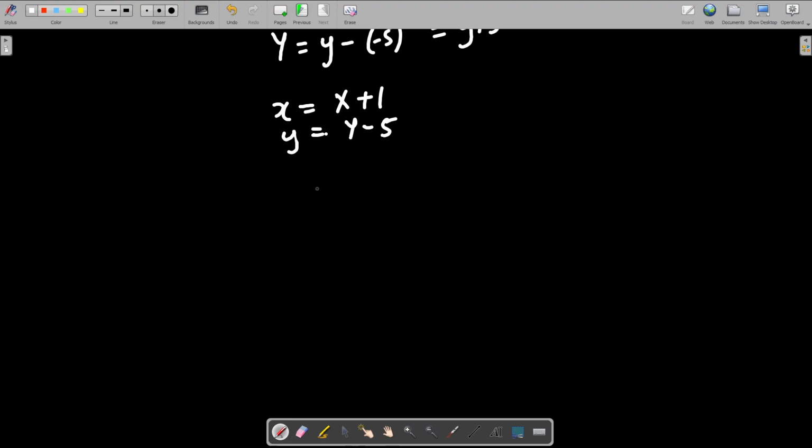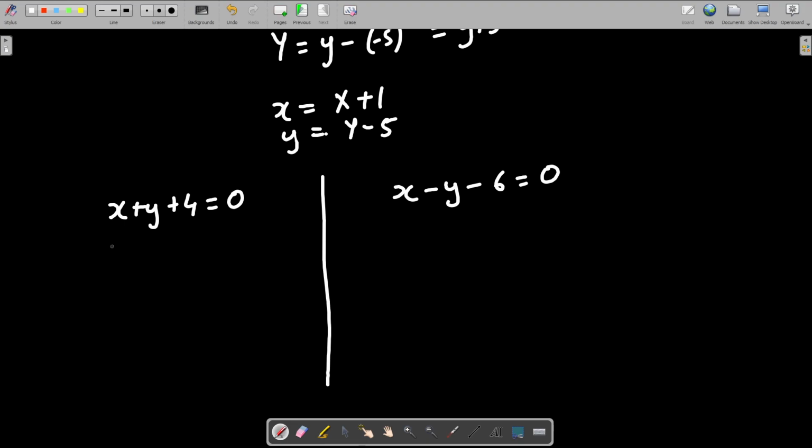So this will be a change of variable. So what are the lines given to us? x plus y plus 4 is equal to 0, and the second line is x minus y minus 6 is equal to 0. Okay, so perform this change of variable over here. Small x will become capital X plus 1, plus capital Y minus 5, plus 4 is equal to 0.